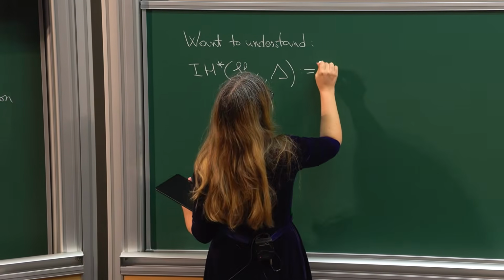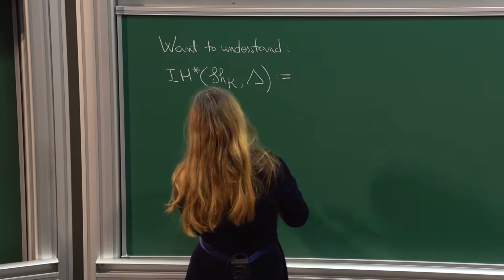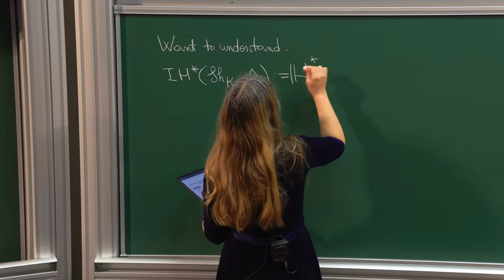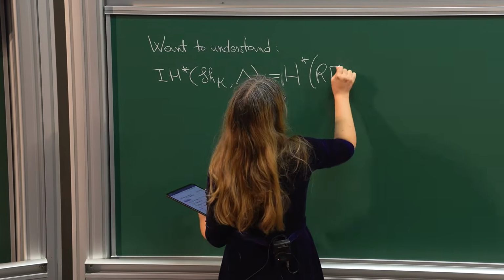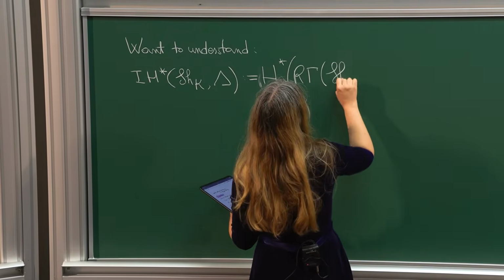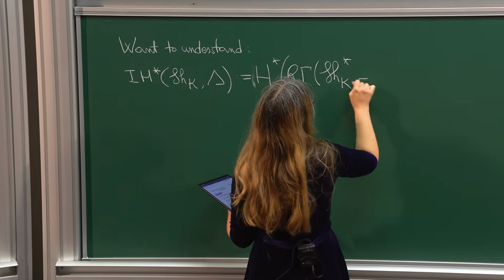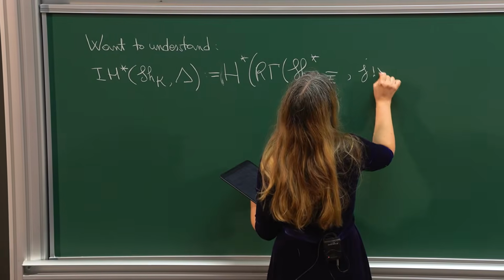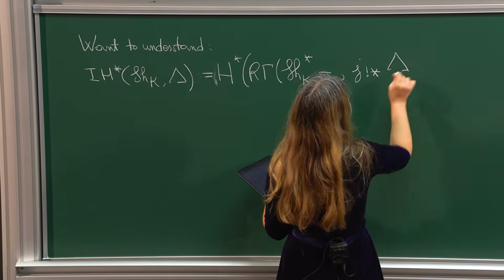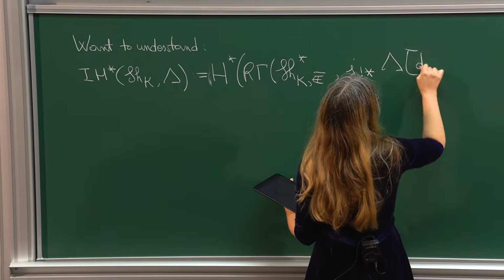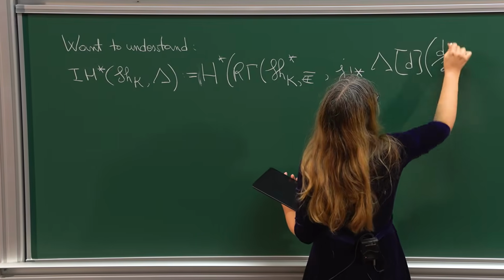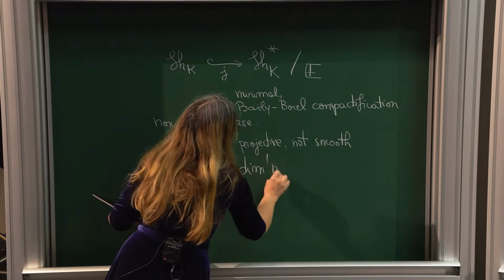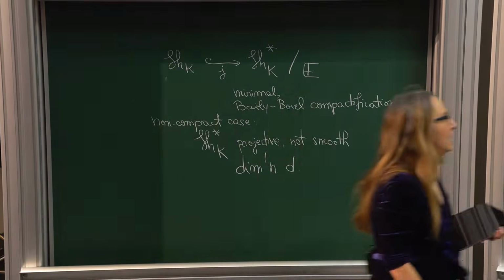I'm going to define this as basically the hypercohomology of the following complex. I look at the minimal compactification base changed to an algebraic closure E bar, and then I look at the middle extension of my sheaf Lambda, which I shift by d and twist by d over 2, where d is the dimension. Yes, this is open and dense in here, and the dimension is d.